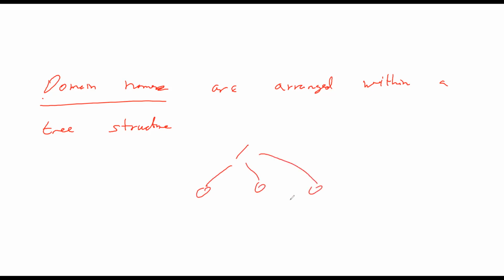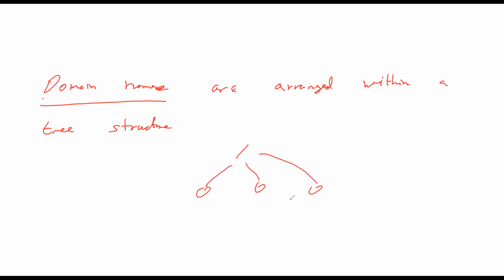The domain names, which are the ones we're familiar with, are arranged within a tree structure, and this translates directly into the DNS servers themselves. There's of course going to be a root domain somewhere, and from there it's divided into the different domains.